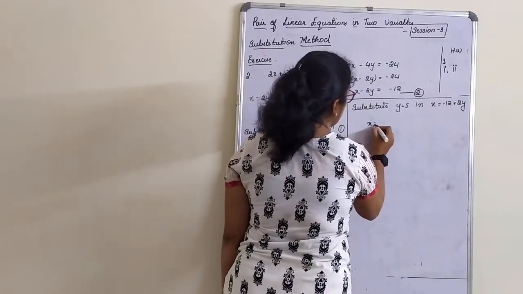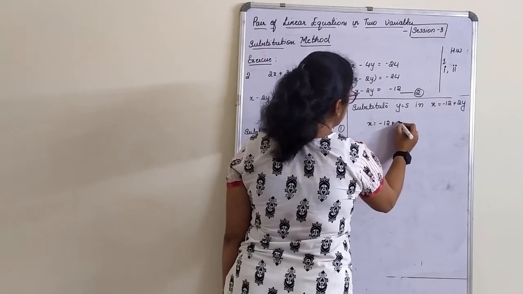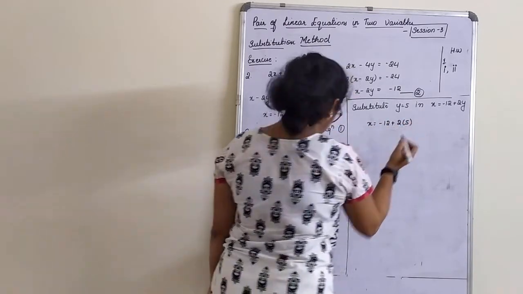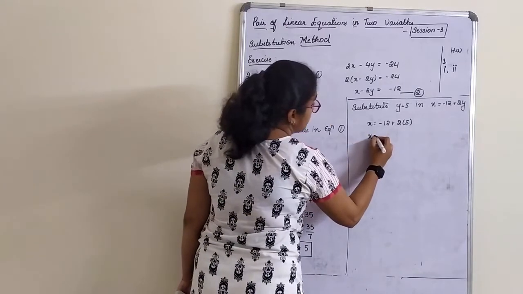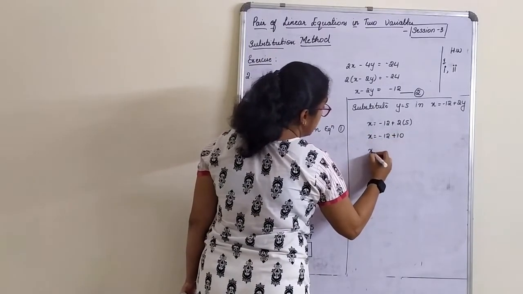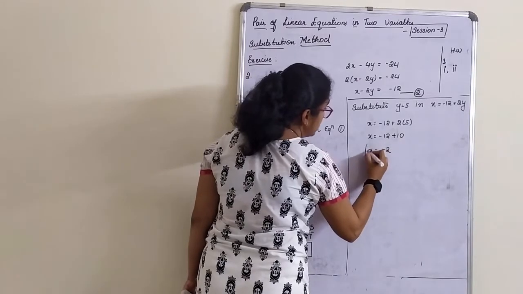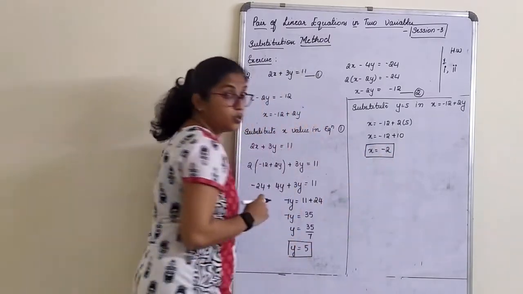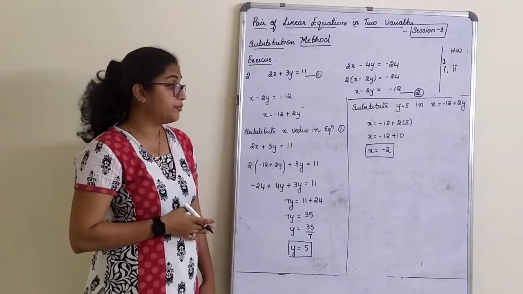Shall I use this? Very easy. So x is equal to minus 12 plus 2 into 5. X is equal to minus 12 plus 10. X is equal to minus 2. So we found the x value and y value.